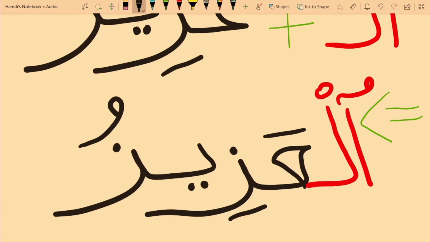So we know that we cannot have al in the beginning of the noun and double movement at the end of the noun. That's impossible. We can't have both.